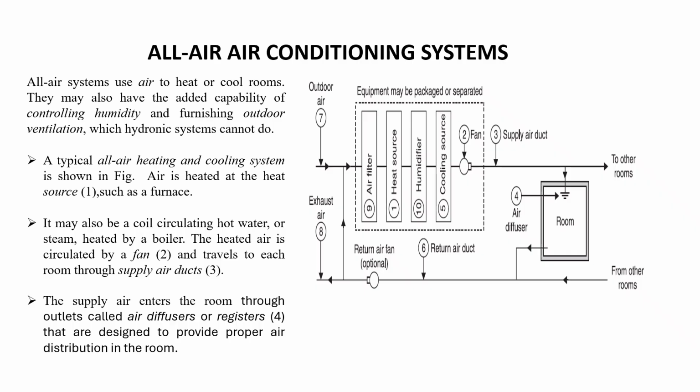A typical air heating or cooling system is shown here, where the air is heated at the heat source, such as a furnace. You can see that we have a furnace. It may also use a coil circulating hot water or steam heated by the boiler.